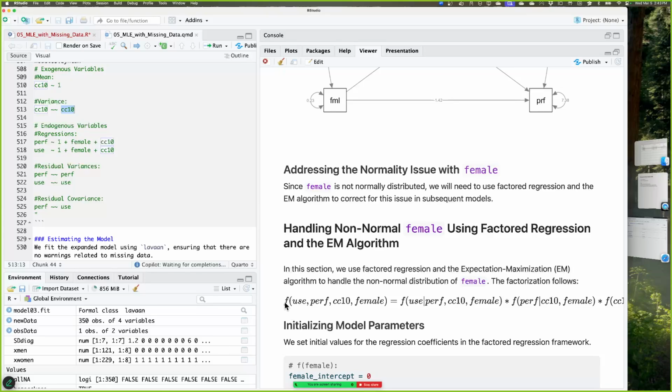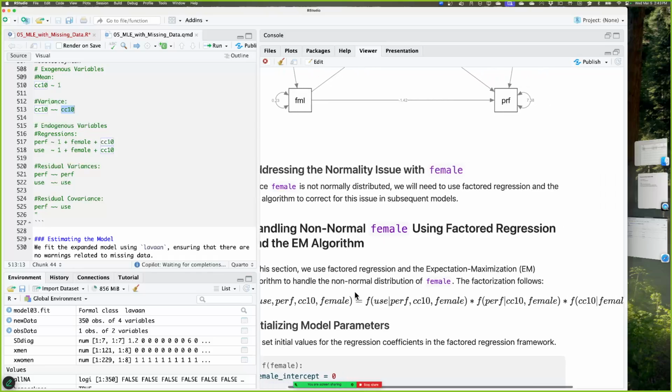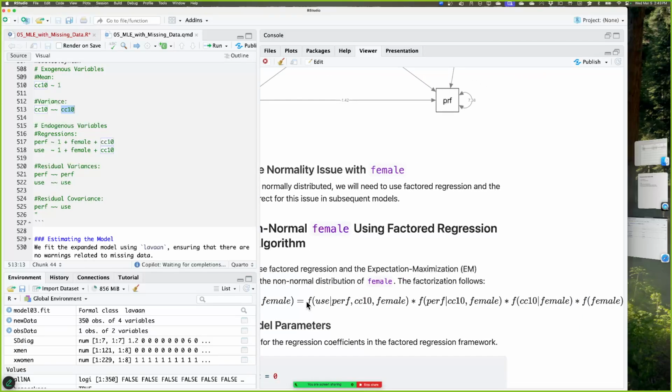We want this joint distribution. We have missing data in all these variables. So we want this distribution right here. But we could factor it into a series of univariate regressions and calculate the likelihood function for each of those and come up with the joint likelihood overall, where this regression for female itself may be an empty model, but it uses a Bernoulli distribution.